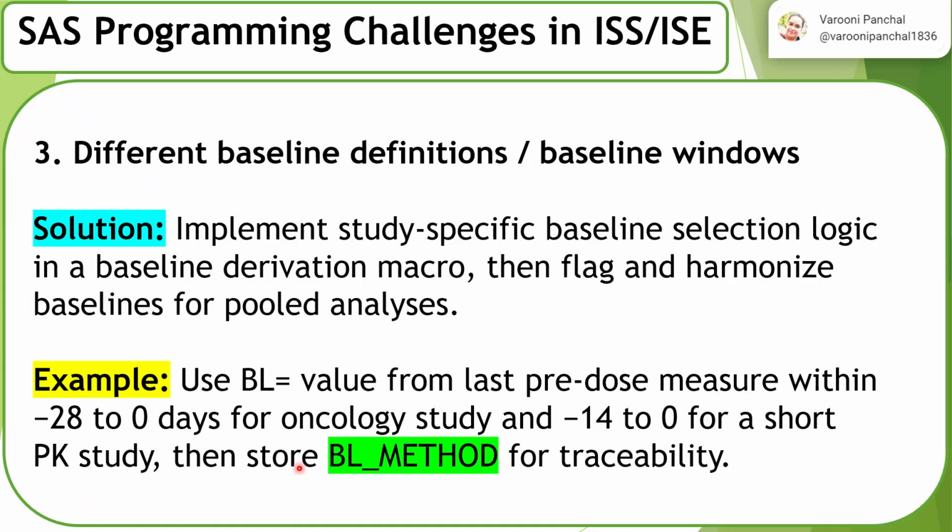So what you can do is store those baseline definitions and the methods that were used in BL underscore method for traceability, right? These are the only ways. The only thing is you pool, you harmonize, you map, and you come up with proper documentation.